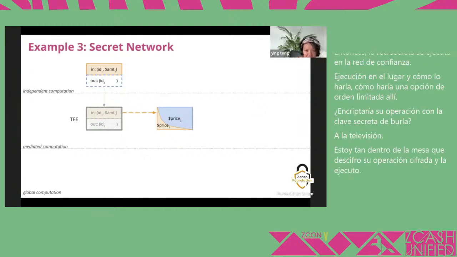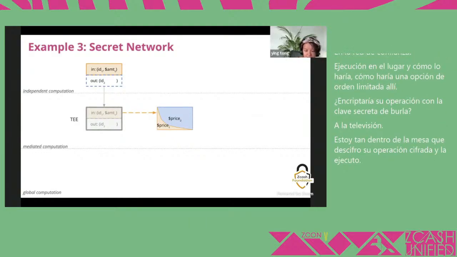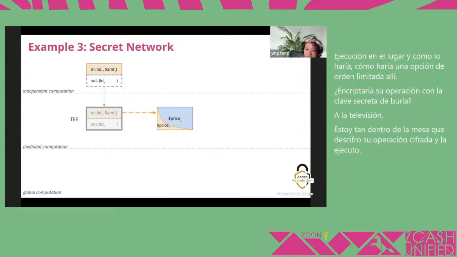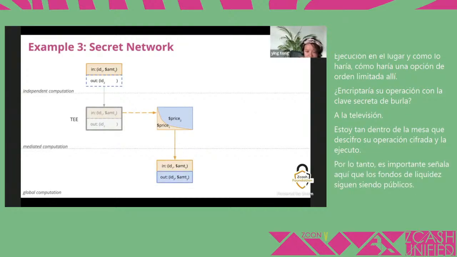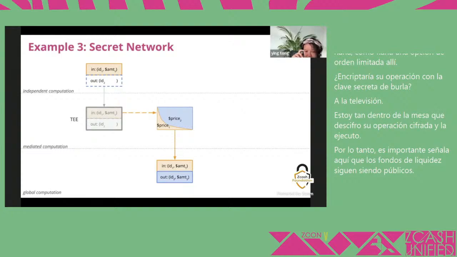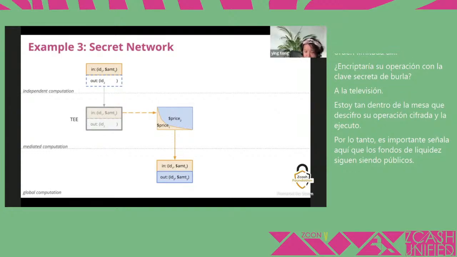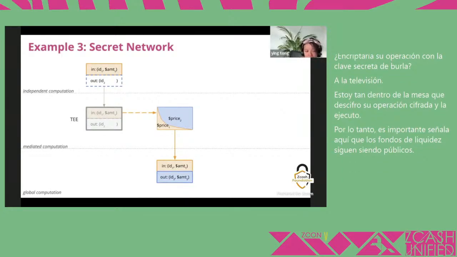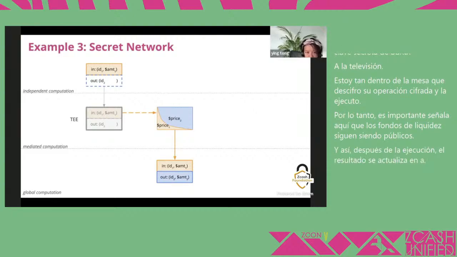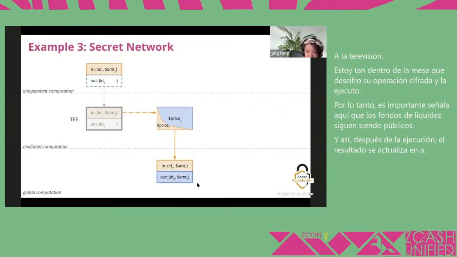So it's important to note here that the liquidity pools are still public. And so after the execution, the result is updated in a global computation and can only be decrypted by whoever owns the outputs of the trade.